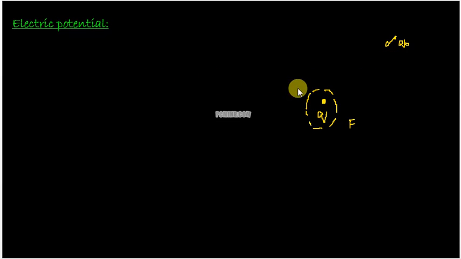So when this charge Q naught is displaced against this force F, and we have a distance R between the two charges, and we displace Q naught towards Q, then some work is done.